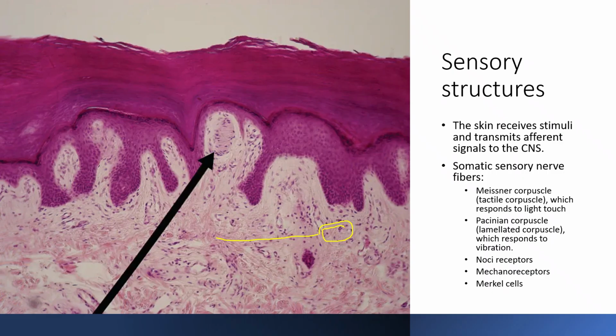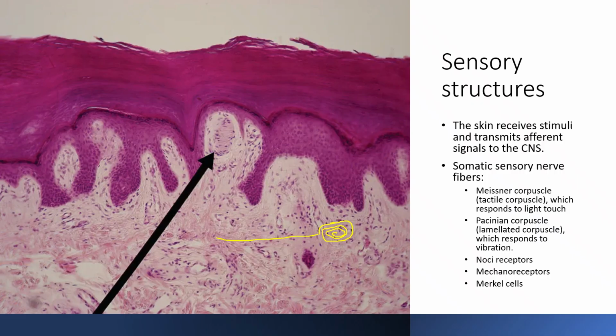So a specialized nervous tissue cell, and it's part of an axon terminal. And this is going to take in information from pressures put on the skin about light touch. It's a very sensitive receptor. So we might see these in places where we have very sensitive skin. You can think about your fingertips are fairly sensitive, right? We can feel things with a very minute amount of pressure, right?